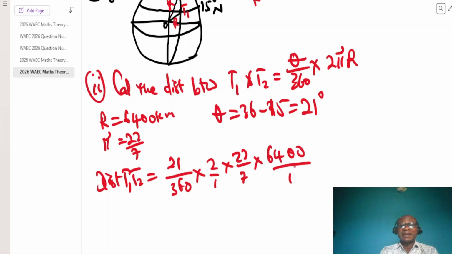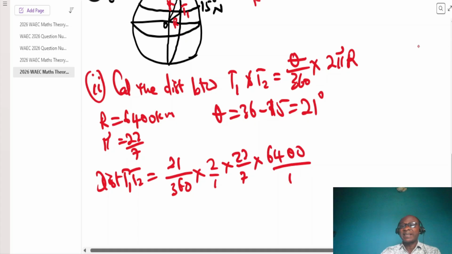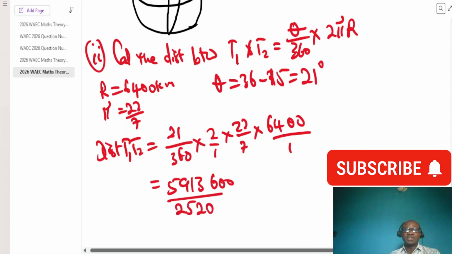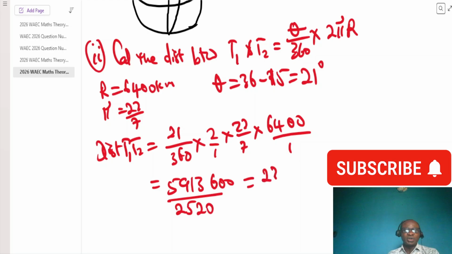So I can now use my calculator to get the final answer. 21 multiplied by 2 multiplied by 22 multiplied by 6,400 gives me 5,913,600. Divided by 360 times 7, which is 2,520.